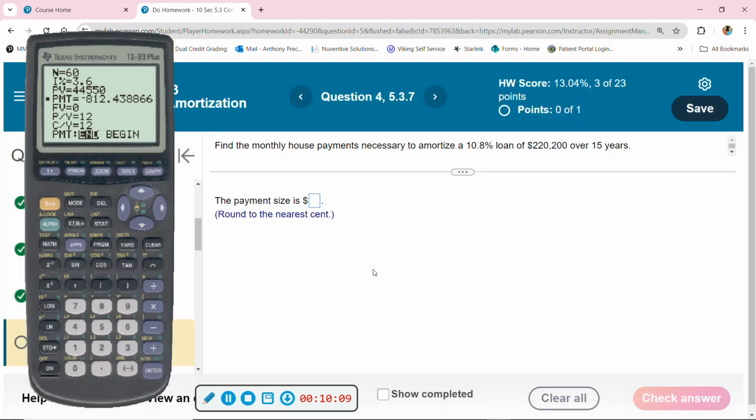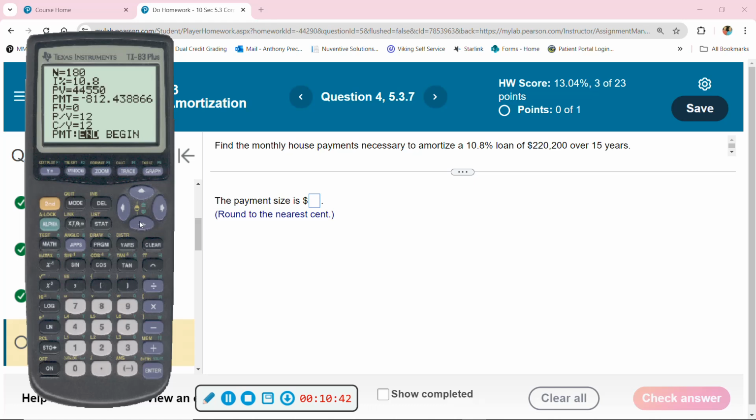Let's see. Just ignore these numbers. Find the monthly house payment to amortize a 10.8% loan of $220,200 over 15 years. So it's a 15-year loan, and you're making monthly payments. The interest rate, 10.8.